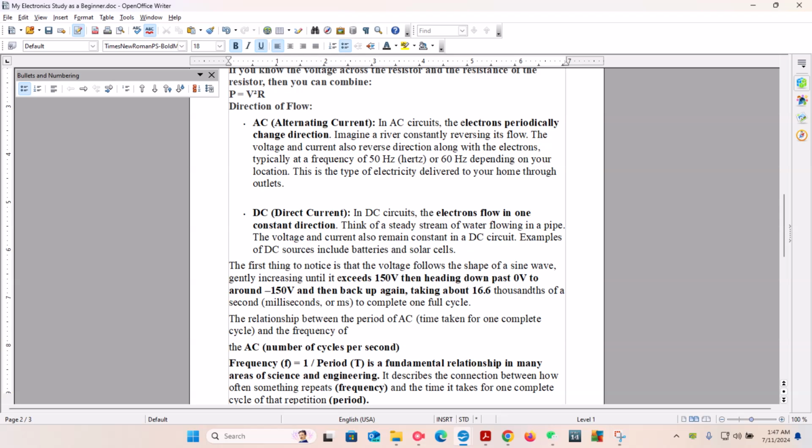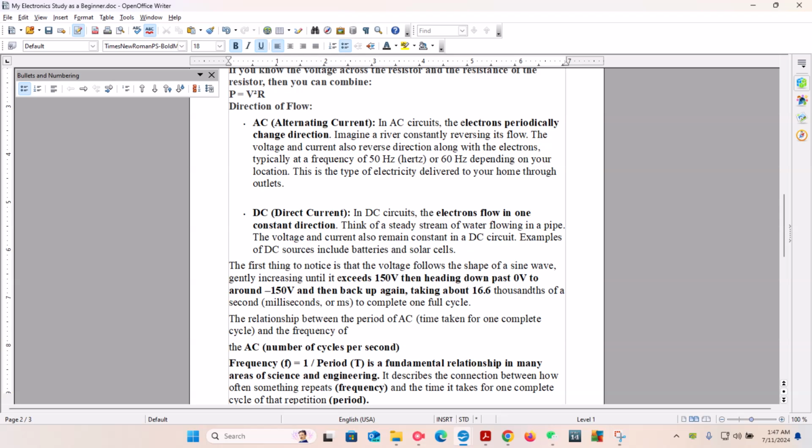Now the first thing to notice is that AC voltage flows in the shape of a sine wave. So if you look at it mathematically on a graph, you'd see a sine wave. I could talk more about the graphing and the geometrical patterns, but it's called a sine wave.